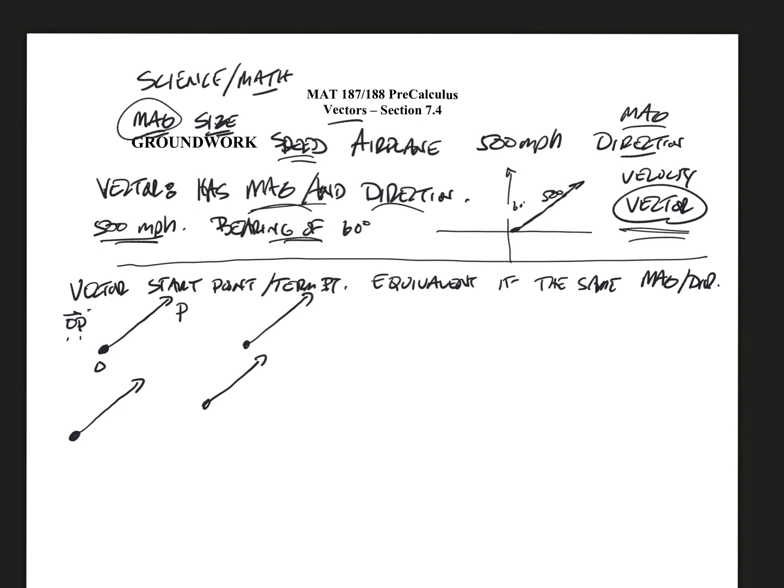It doesn't really matter where I place the vector, as long as it has the same size or magnitude and the same direction, they are equivalent vectors for us. And so you now start getting a feel for what we call a vector field, because we have this flow, if you would, with these vectors. Again, back to the idea that in science and math, vectors play a huge role. Vector fields are things like your gravitational fields, your magnetic fields, the fluid flow through a pipe. I mean, you name it.